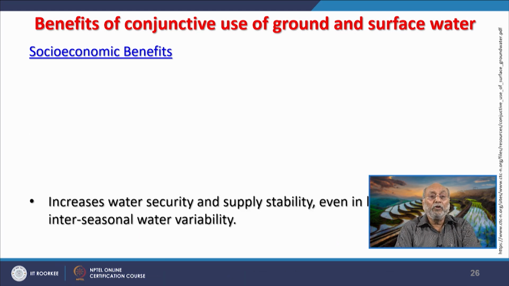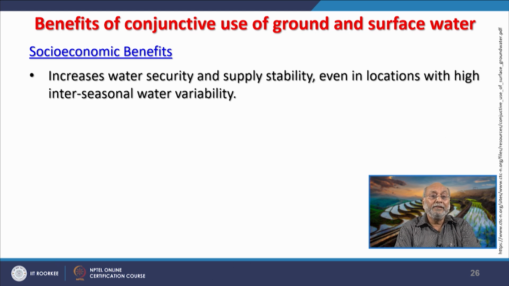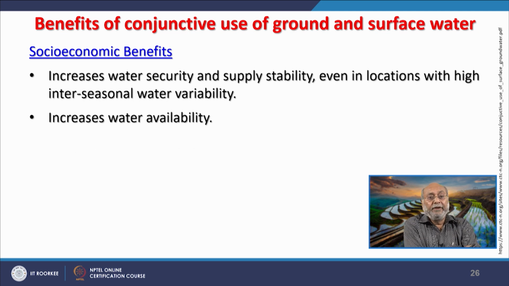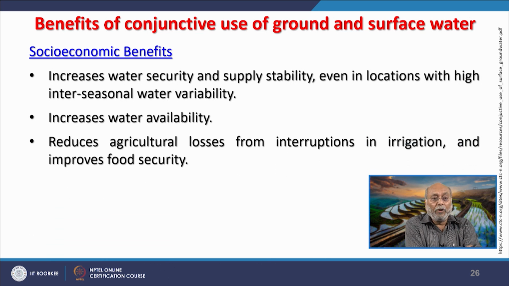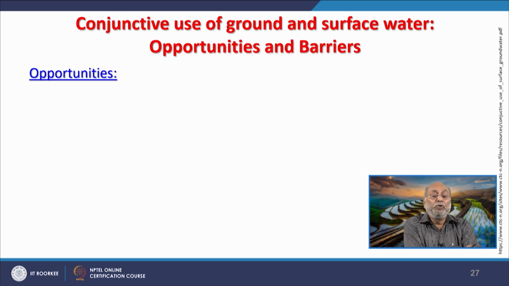Now, socioeconomic benefits, definitely they are there. Increasing water security and supply stability, even in locations with high interseasonal water variability, will provide huge benefits to the society. It increases water availability throughout the year, reduces agricultural losses from interruptions in irrigation and improves food security.